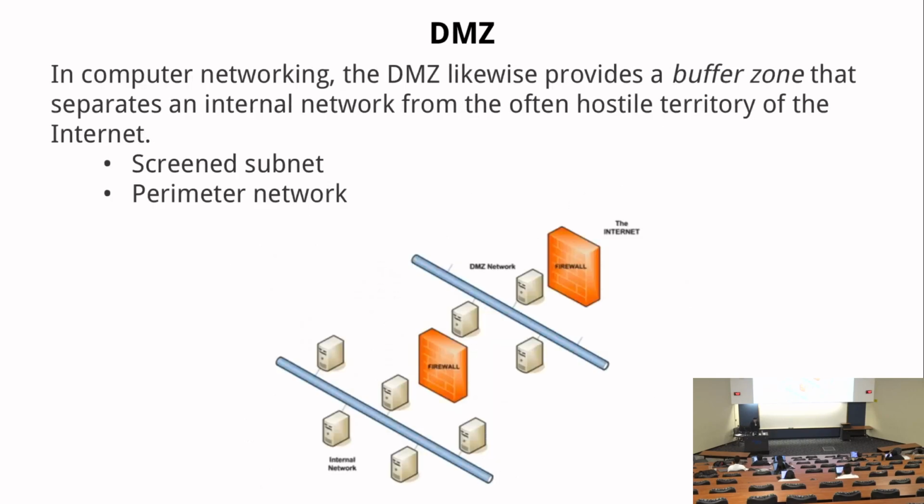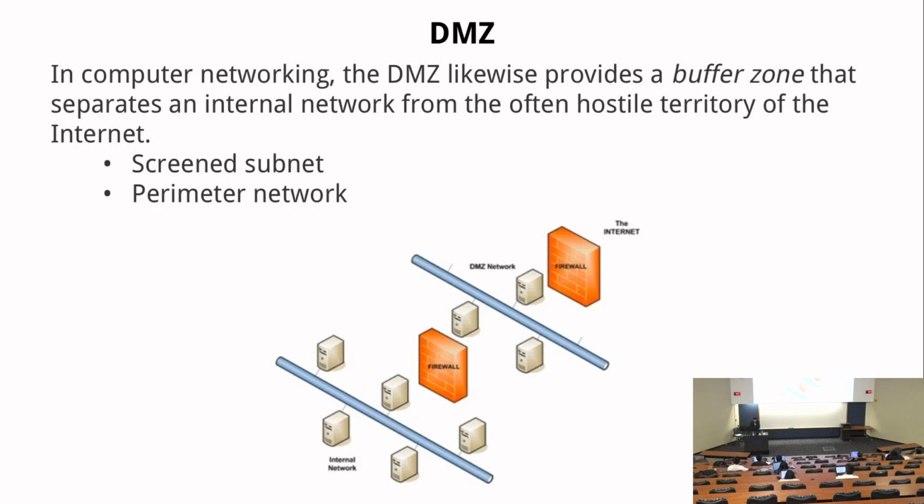So here the concept is similar, but also different. In the computer network, the DMZ also provides this kind of a buffer zone to separate the internal network from the outside network.